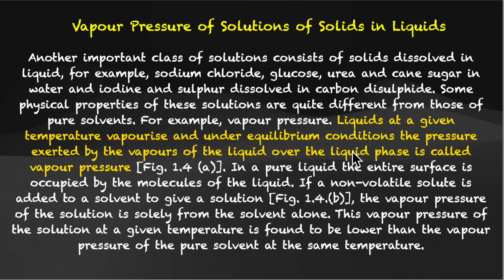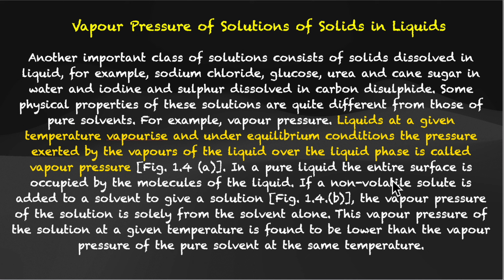I've highlighted this part here. It is basically the vapor form of the particular liquid, when it has vaporized and gone above the liquid surface. It will exert some pressure on the liquid itself, right? And that pressure is called vapor pressure.